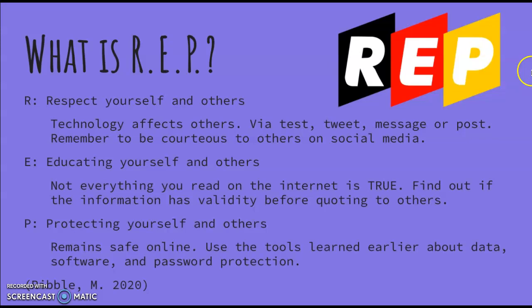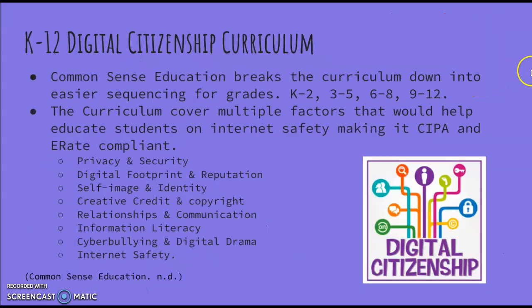Protecting yourself and others. Remain safe online. Use the tools learned earlier about data, software, and password protection. So we talked earlier in the presentation from the characteristics about having software, viruses and passcodes on your phones and computers. So this leads into actual curriculum that we could use to teach.